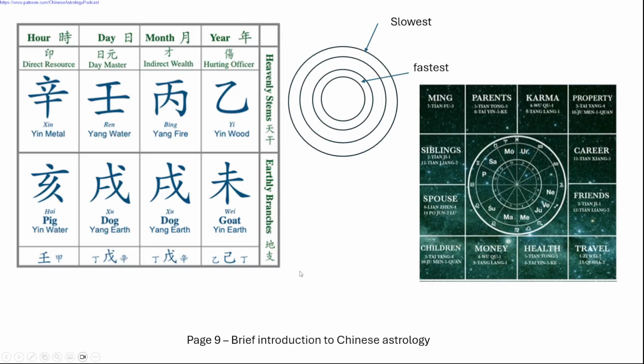Let's start with the Chinese astrology foundation, 八字, which is eight characters, providing the birth time information of a person, serving the same purpose as a natal chart.